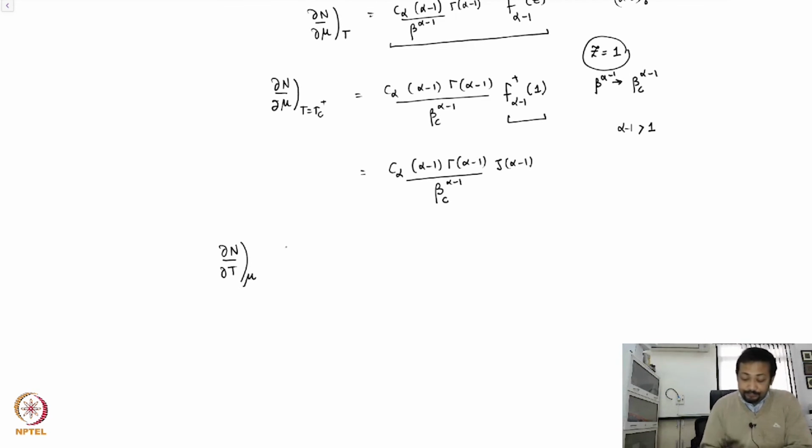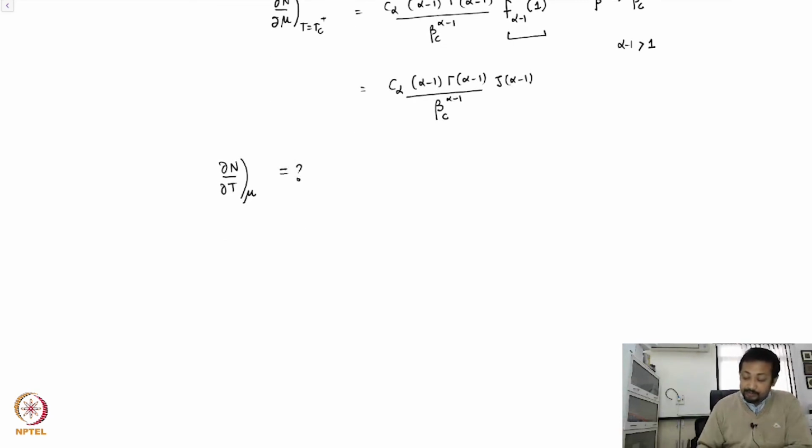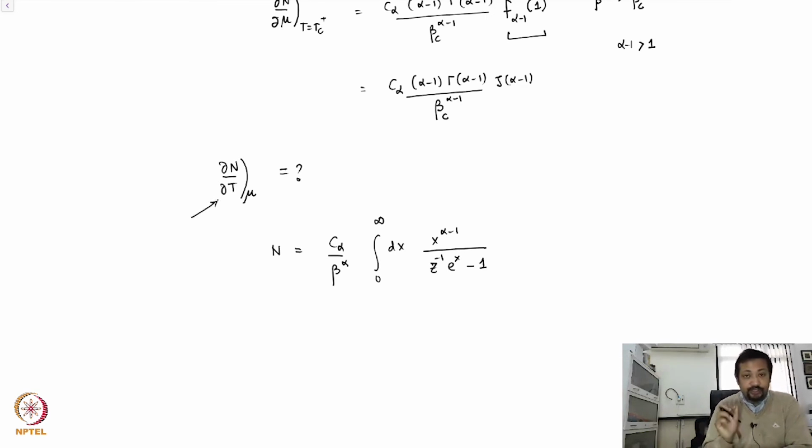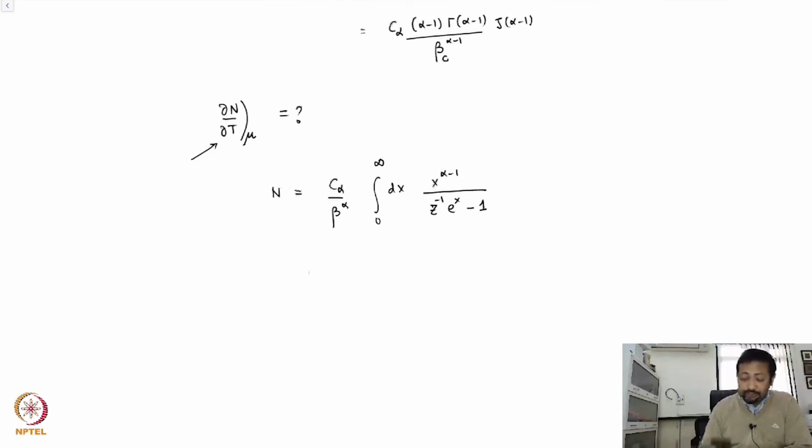Now n is again given by C alpha beta raised to the power alpha, integral 0 to infinity dx x to the power alpha minus 1 divided by z inverse e to the power x minus 1. And I am going to use this derivative again very close to Tc, so that this becomes C alpha beta raised to the power alpha.